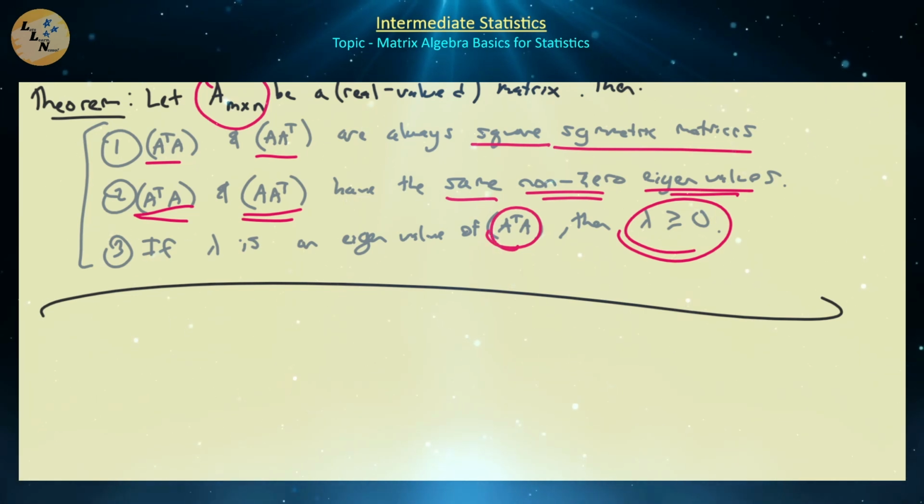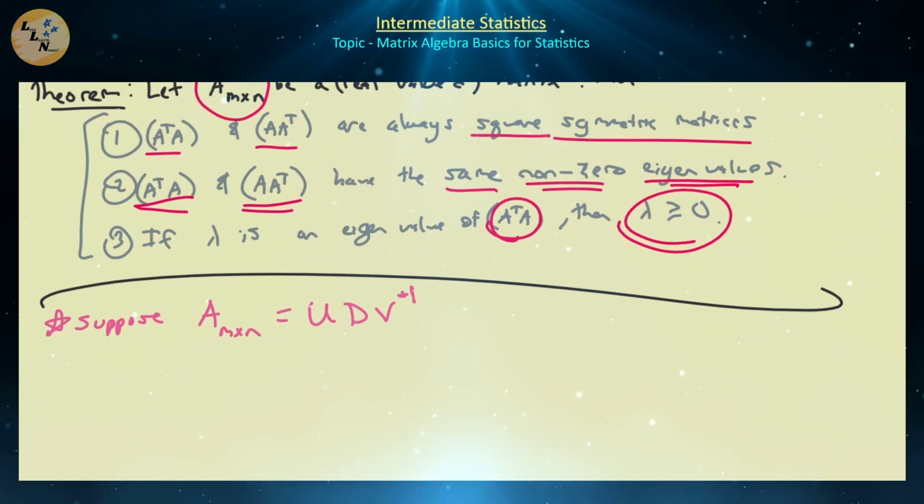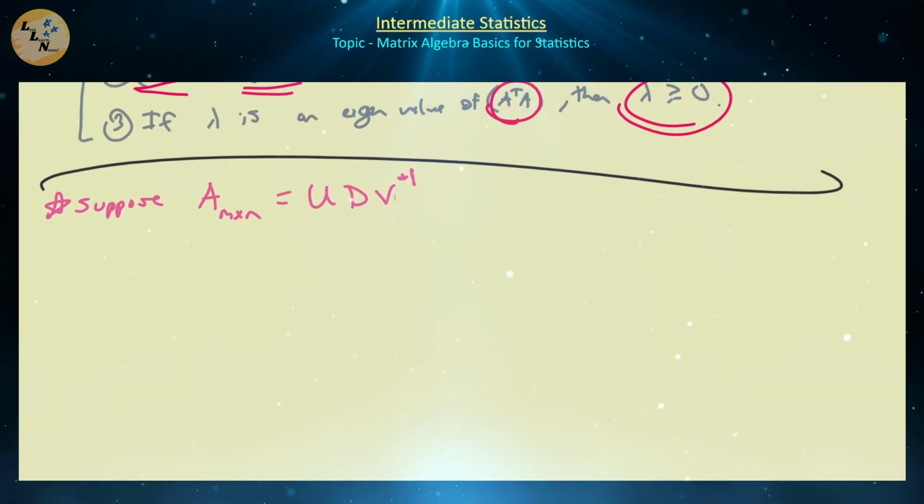So what we're going to do is suppose that A, which is an m by n matrix, has the decomposition U D V inverse, which sort of looks like an eigenvalue decomposition, but here we're looking at a rectangular matrix A. So what are the dimensions of these matrices U, D, and V inverse, and what is so special about them?